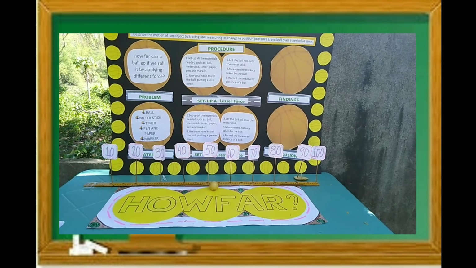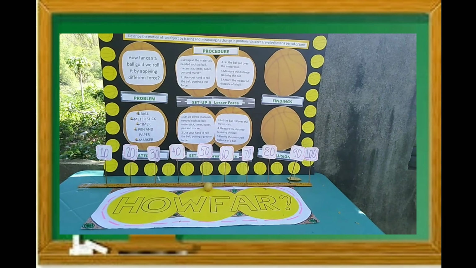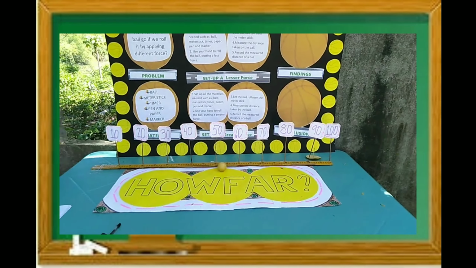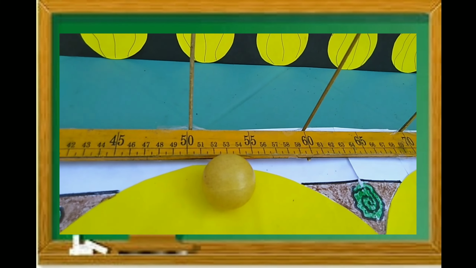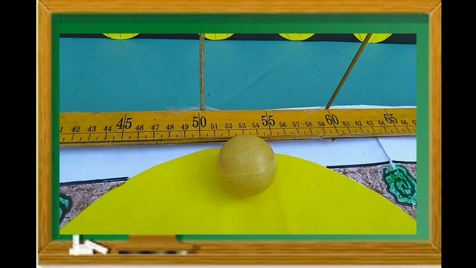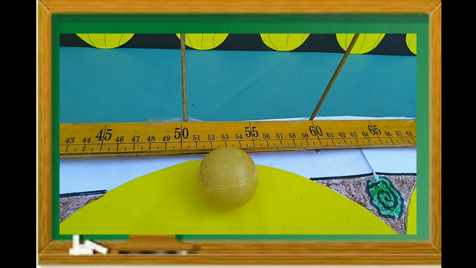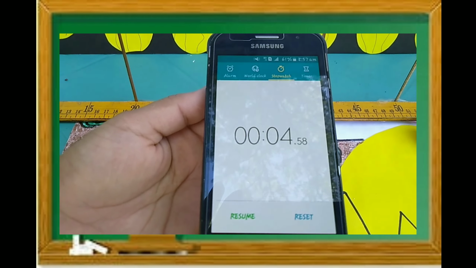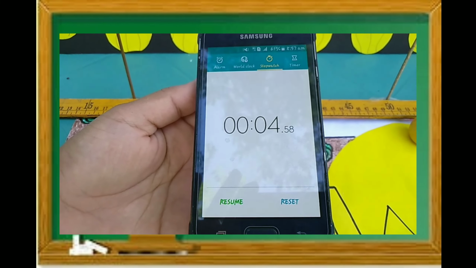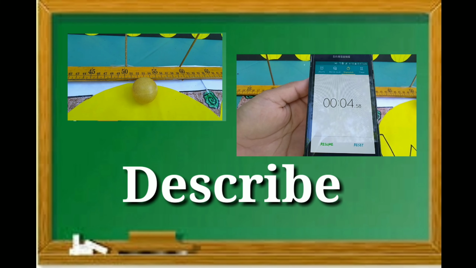For the fourth procedure, measure the distance taken by the ball. So the distance is 53 centimeters. Record the measured distance of a ball. And the timer is 4.58 seconds.